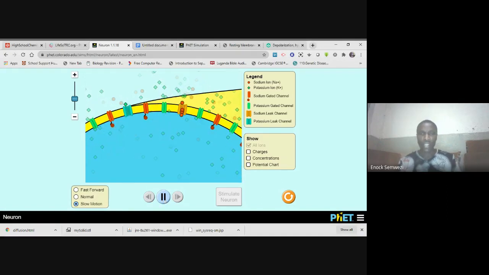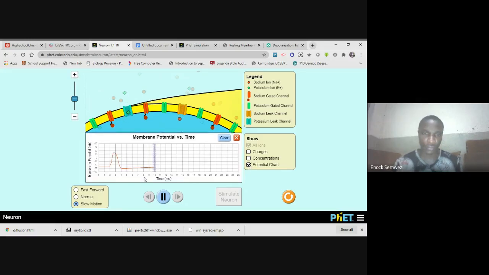So I want us to analyze the chart so that we can know exactly what takes place during the stimulation of a neuron.